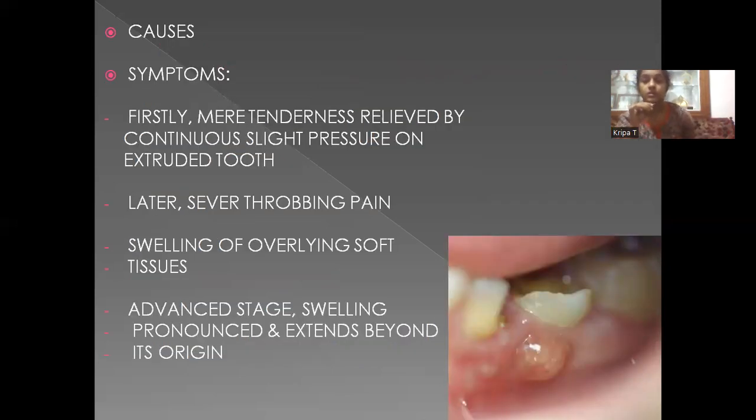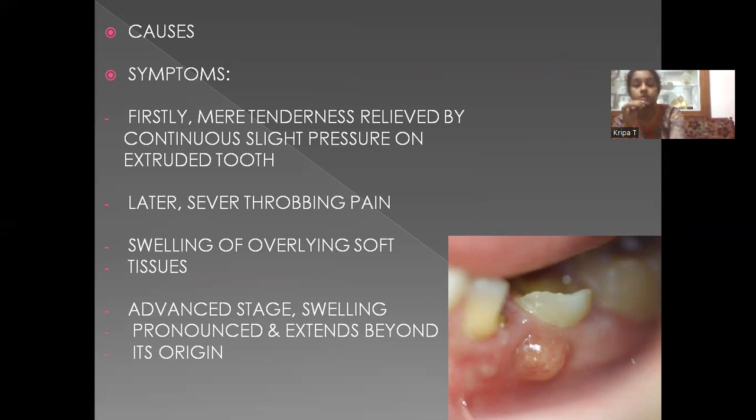The cause is usually pulpal infection, which has proceeded to the periapex. Firstly, there will be tenderness, which is relieved by slight pressure on the extruded tooth. Later on it becomes a severe throbbing pain. Swelling of associated tissue is also seen.